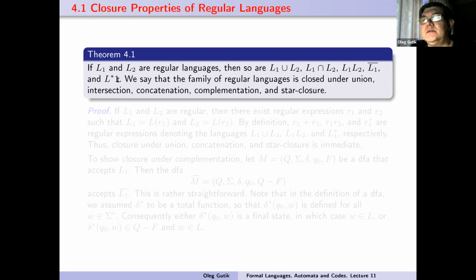Here is a misprint, yeah, L1 star. We shall say that the family of regular languages is closed under union, intersection, concatenation, complementation, and star closure.